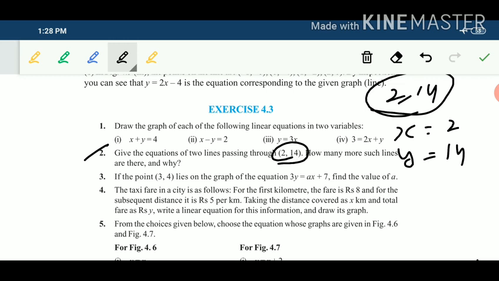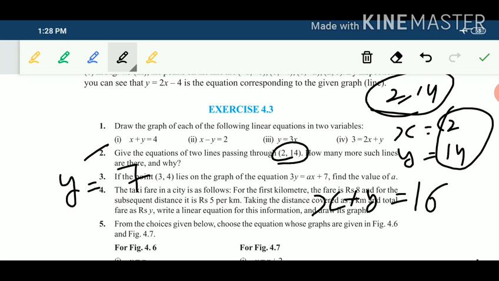One equation you can write is x plus y is equal to 16, because the sum of these two is 16. Second, you can take y value as 7 times the x value, because when we put x value 2, it becomes 7 into 2, 14. So this equation also satisfies the result. In this way you can write any number of equations.